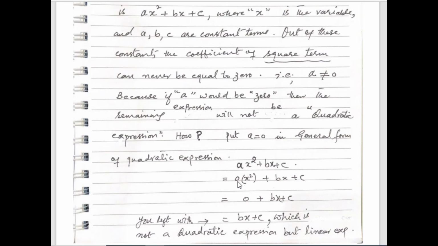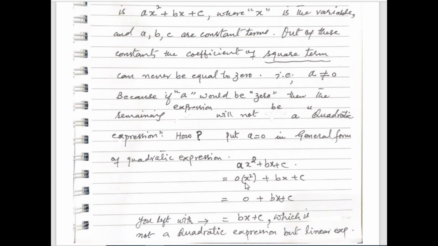And why are we multiplying 0 by ax square? Because ax square represents that a has a multiplication relation with x square, because there is no sign between a and x square. Bracket means multiplication.